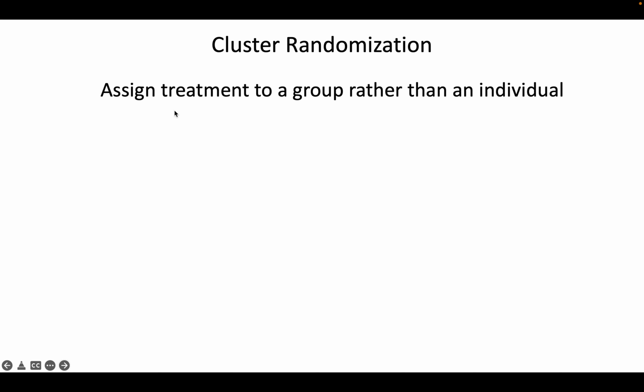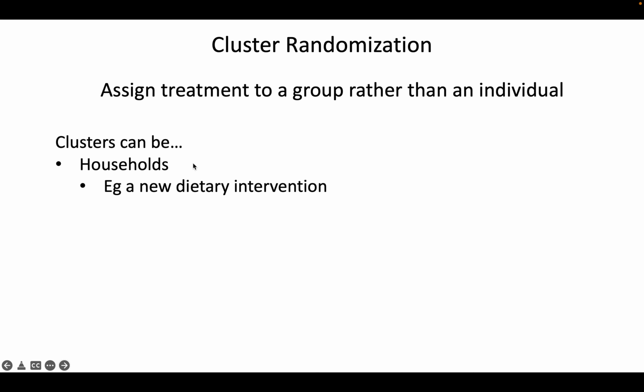Cluster randomization is another one, where a cluster is any group of people, for example a household, and certain treatments are better to assign at the group level rather than picking one individual at a time.